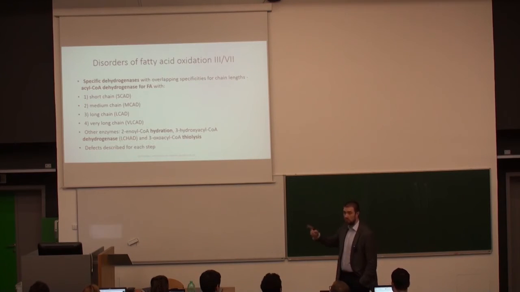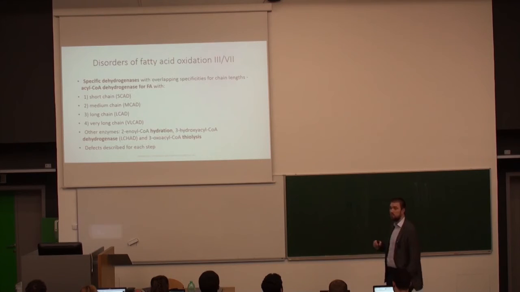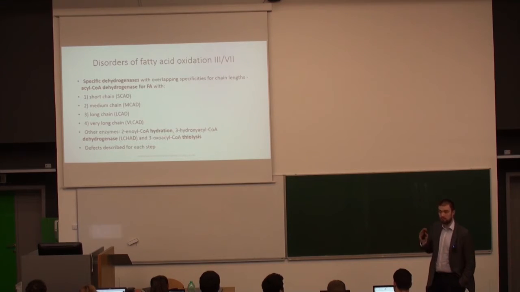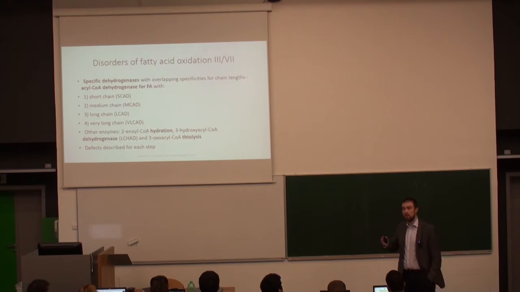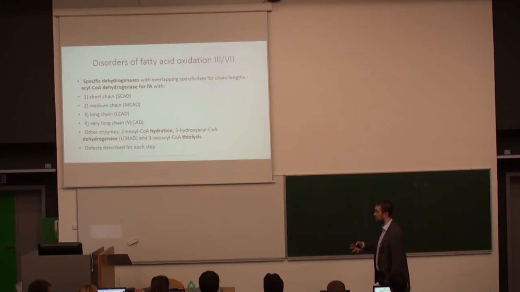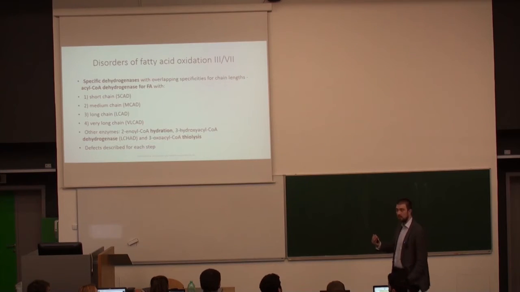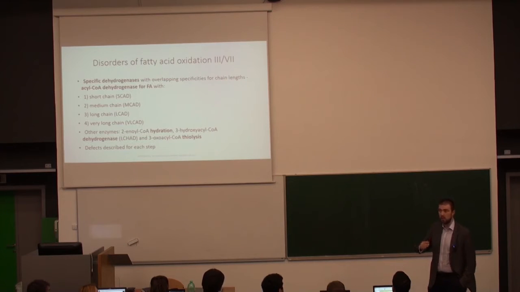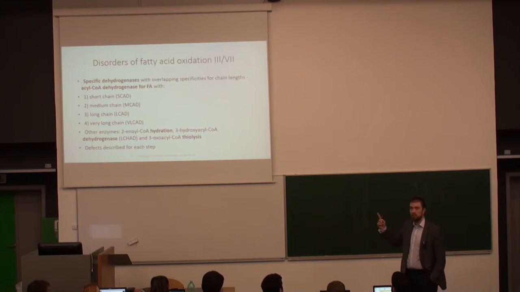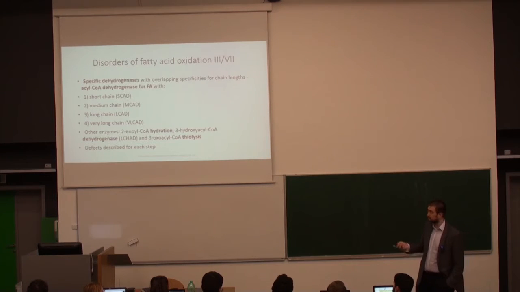If you take all these defects that we call beta oxidation disorders, we have one of the most common groups of metabolic disorders, the inborn errors of metabolism. And therefore you will hear about them so frequently. If you meet a patient that has hypoglycemia plus low ketone bodies, you must think at one of the very first positions about this kind of disorders.